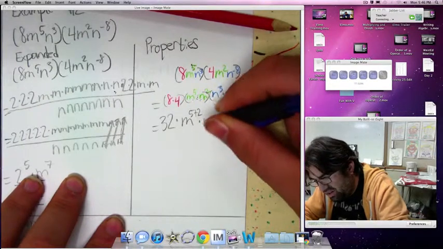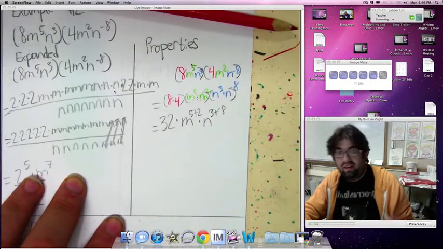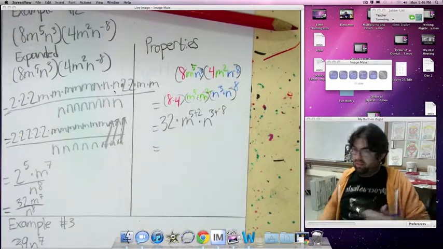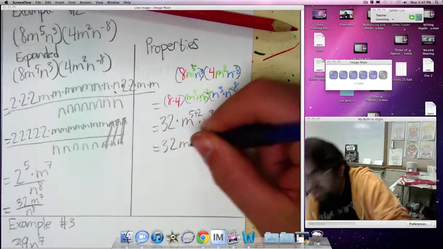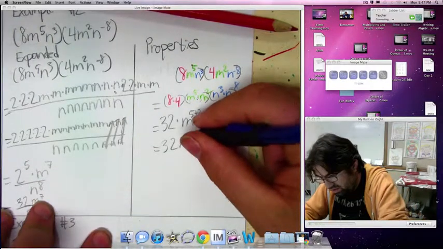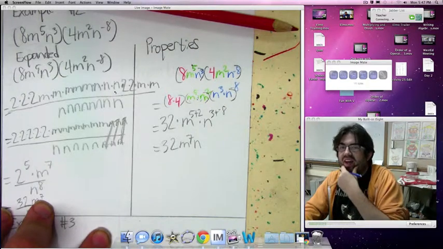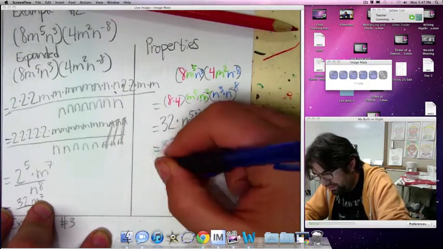Then I have n to the 3rd times plus negative 8. Because they're all multiplying, right? I'm just adding. So we got 32 m to the... let's see, 5 plus 2 is 7. 3 plus negative 8 is negative 5.